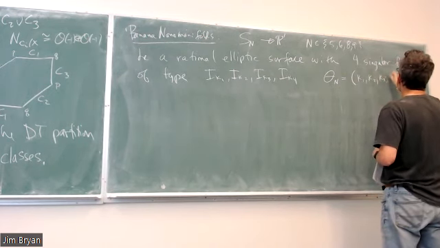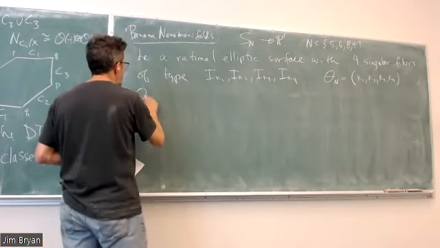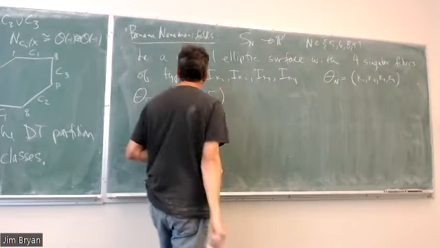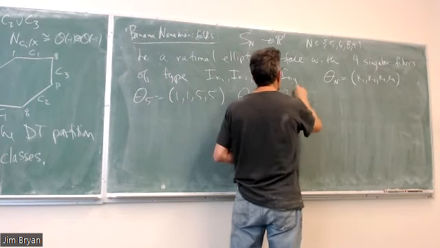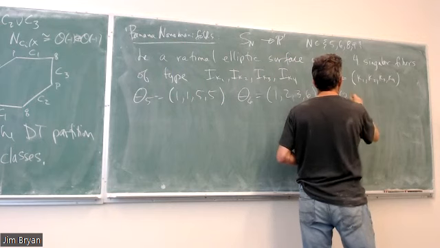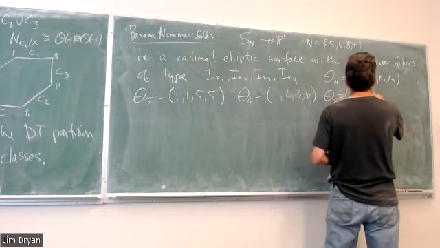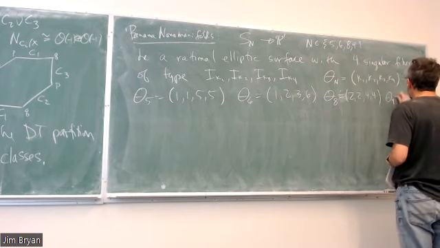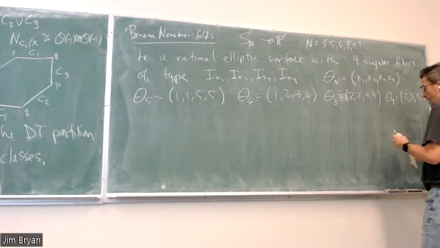Theta_5 is 1, 1, 5, 5. Theta_6 is 1, 2, 3, 6. Theta_8 is 2, 2, 4, 4. Notice these numbers all add up to 12. And theta_9 is 3, 3, 3, 3.